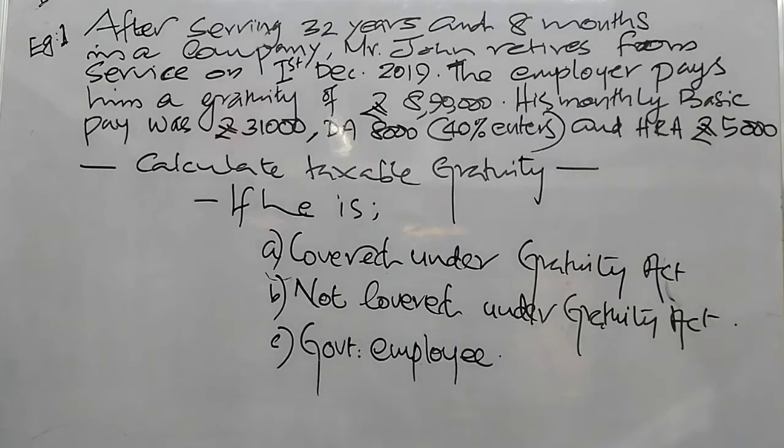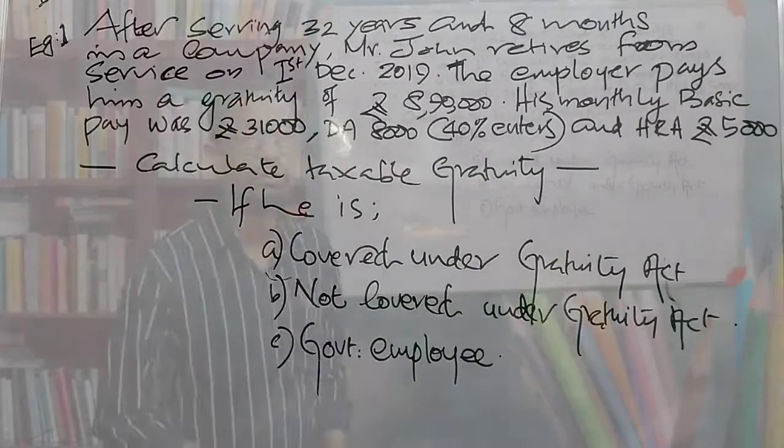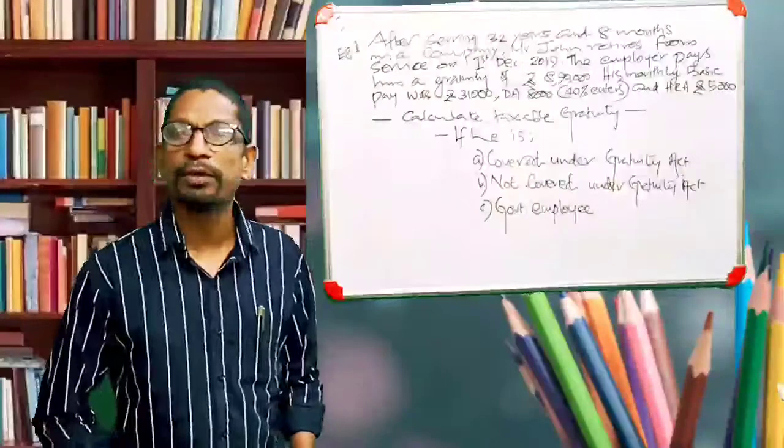His monthly basic pay was rupees 31,000, DA rupees 8,000, again one more information, the 40% enters, and HRA rupees 5,000. Calculate taxable gratuity if he is (A) covered under the Gratuity Act, (B) not covered under the Gratuity Act, and (C) a government employee.